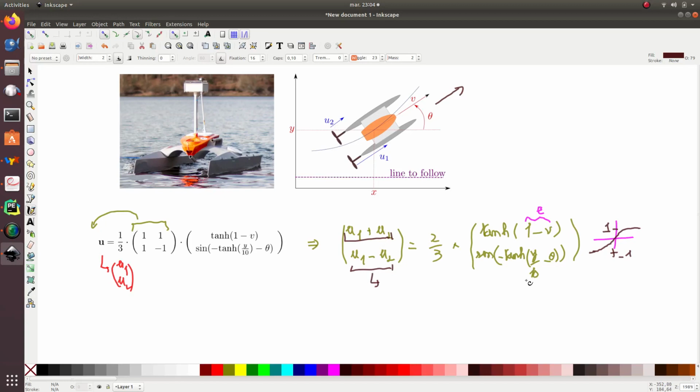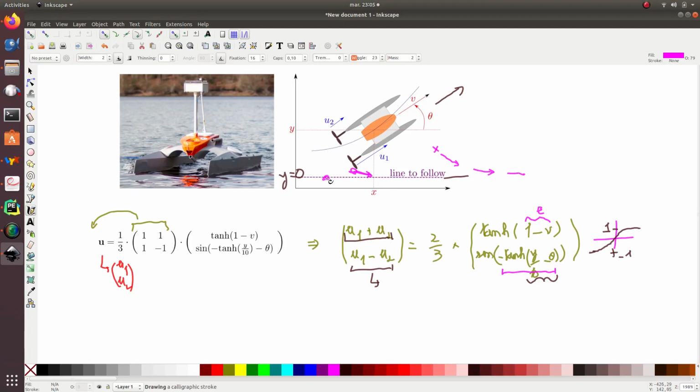This corresponds to some kind of error, and the line to follow here corresponds to y equal to 0. So if I am above the line, for instance here, then this quantity will be negative, and this angle will be something like this. If I am near to the line, I am like this. So if I'm here, I will go like this.